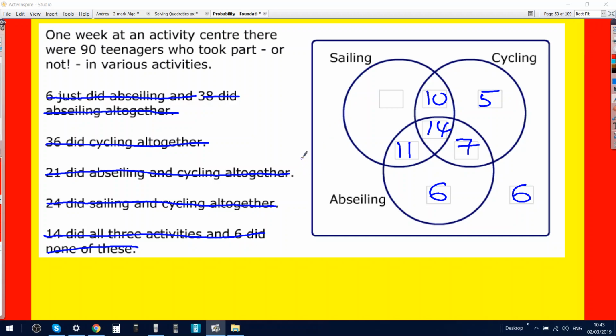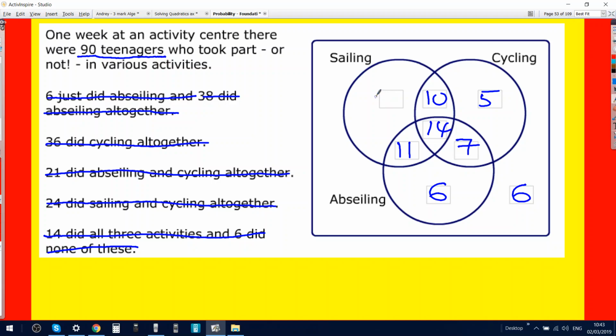Hold on. So there were 90. So 10, 24, 30, 35, 40, 47. So that leaves 59 students.